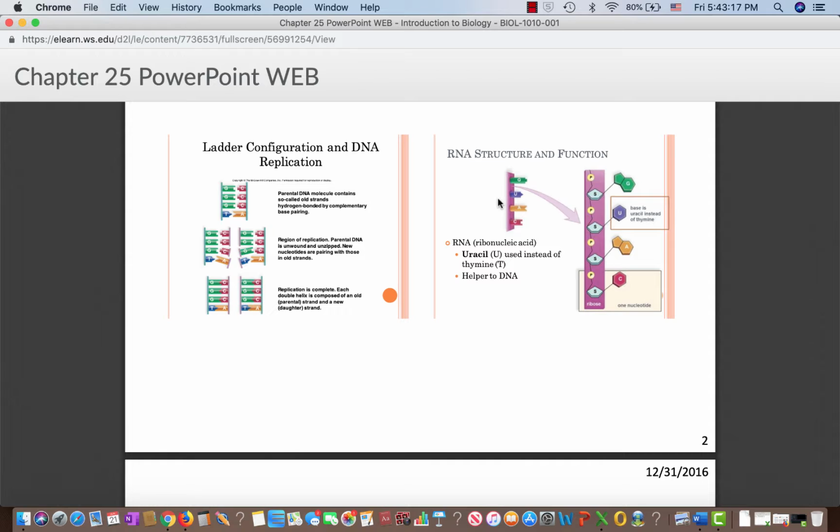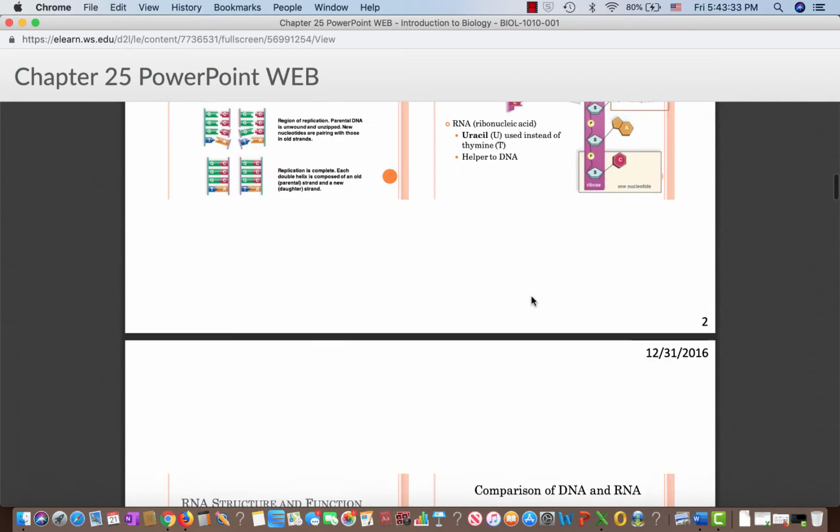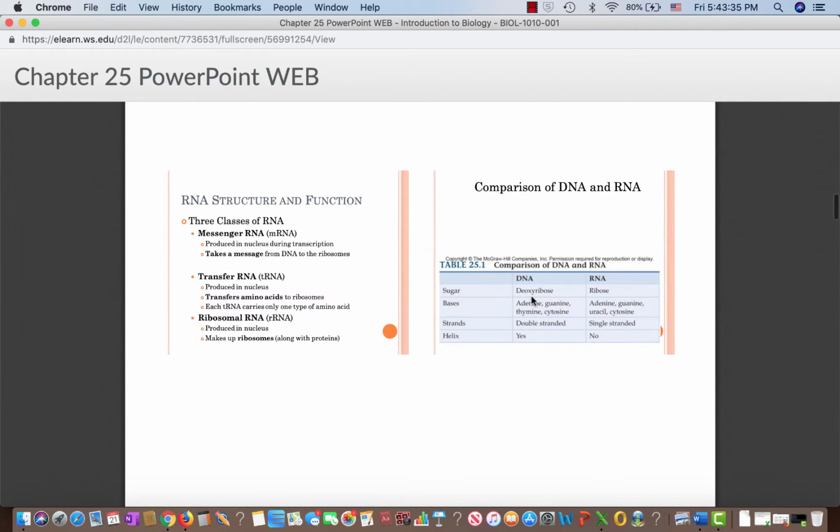RNA is a little different because you use uracil instead of thymine, and you use ribonucleic acids instead of deoxyribonucleic acids, because the sugar is ribose instead of deoxyribose. You have three main categories of RNA.